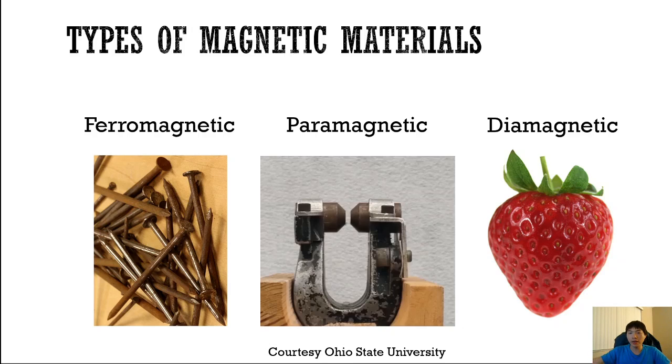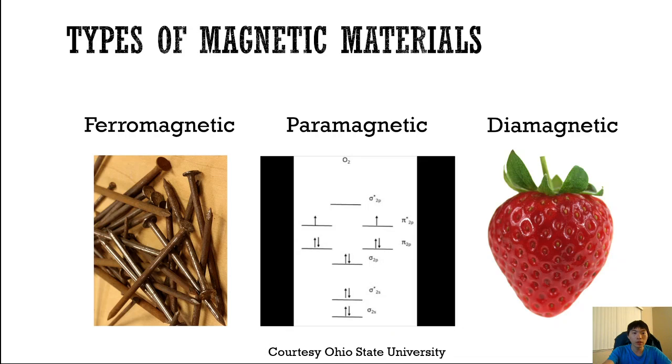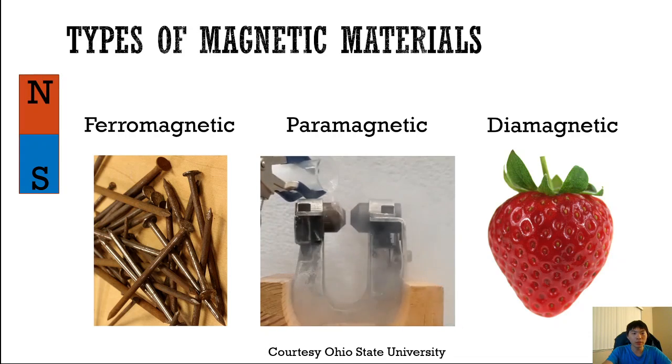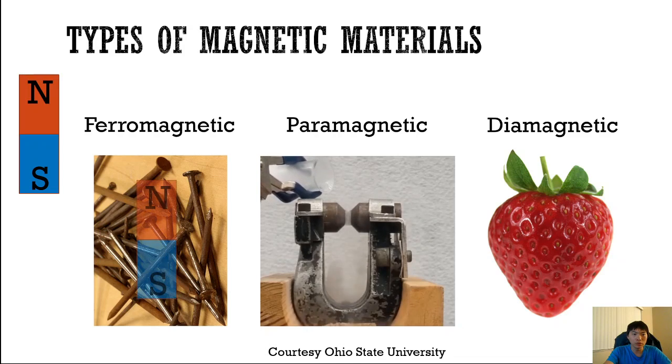So how does it work when we put these objects in a magnetic field? When we put these objects in a magnetic field, the ferromagnetic objects would experience an induced magnetic field that is pointing in the same direction as our external magnetic field.